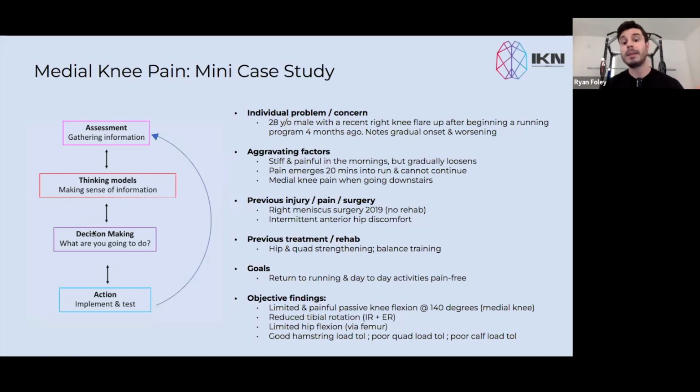Okay, the pain emerges 20 minutes into a run and he cannot continue with the run then, but once he stops, that pain goes away. Okay, and he has medial knee pain when he goes downstairs. Now, when you go downstairs, that load, that range of motion is going to be concentrated more so at the knee, because your trunk is typically going to be a bit more upright, so you're not going to be able to share a lot of force and range of motion into the hip.